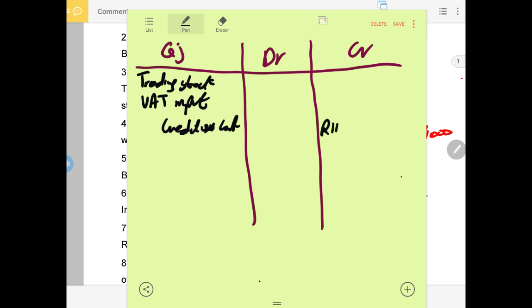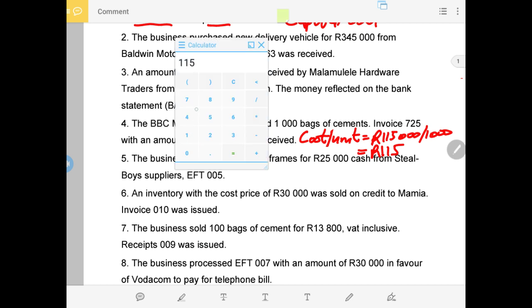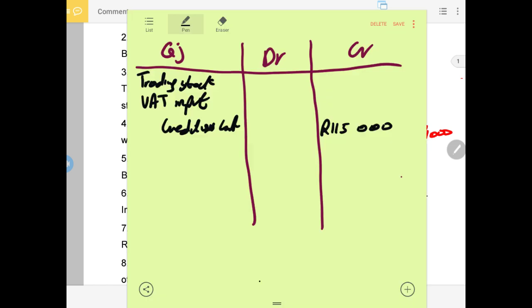We are owing 115,000 to our creditors. Now the 115,000 that we owe to them, we multiply by 15 over 115, because we want to know the VAT amount. The VAT amount is 15,000 rand.